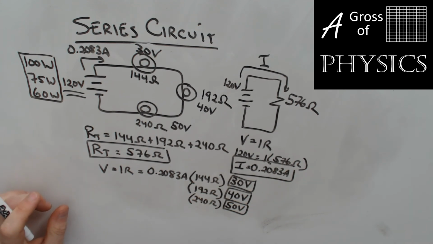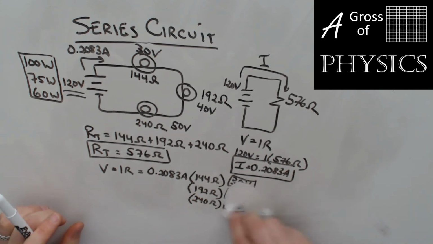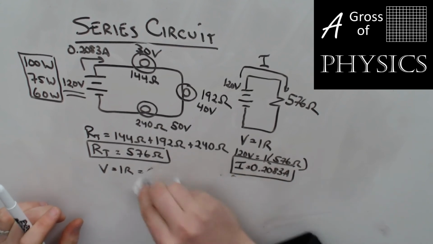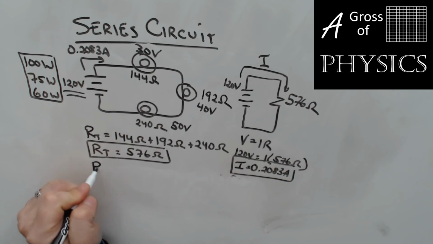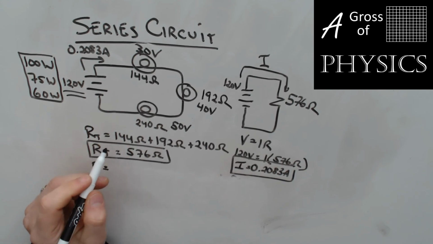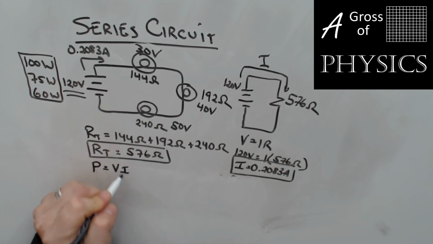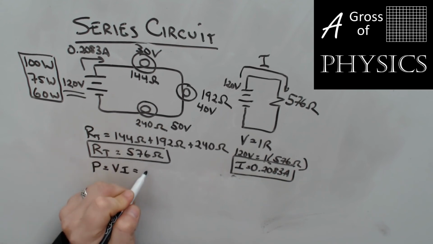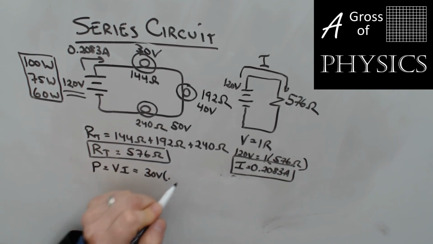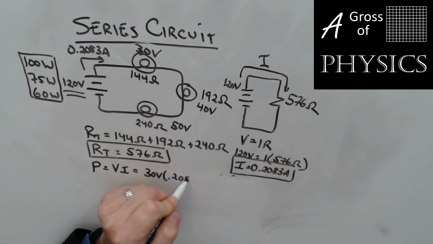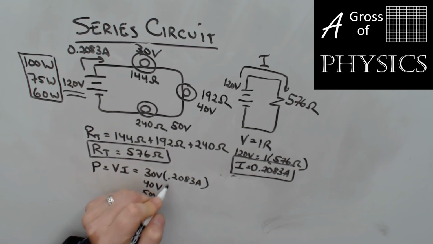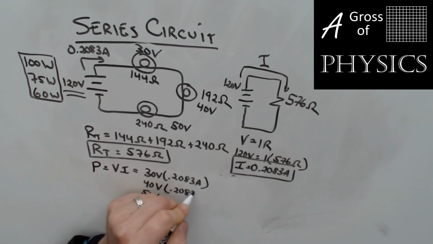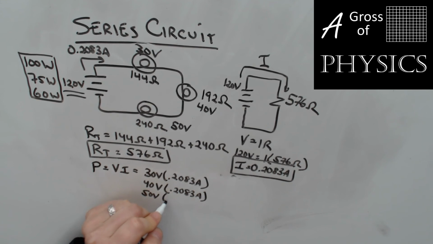Now let's see what happens to the power outputs of each. If we get rid of this little section here, we can find the power. Now power is V times I. And since I is the same everywhere, we can multiply 30 volts times 0.2083, 40 volts, and 50 volts, and we'll see which one is the brightest.